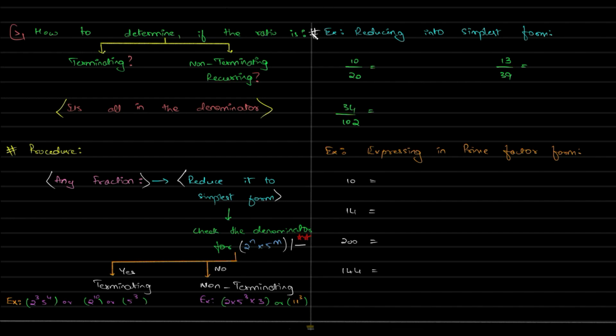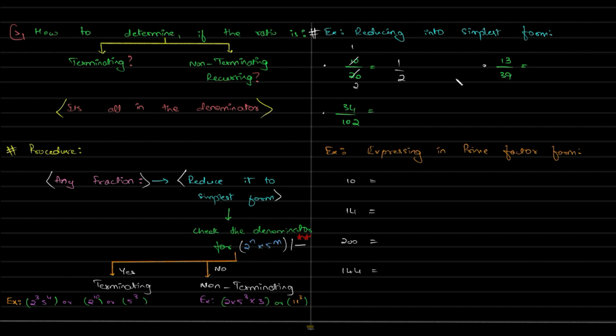To understand the simplest form: given a fraction, if the HCF is not just one, that is if they are not co-prime numbers, you should reduce it. How? In the case of 10 and 20, the HCF is 10, so I'll divide both the numerator and denominator by 10.